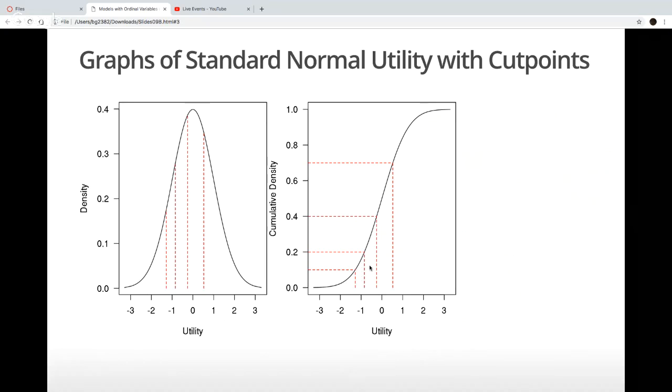And so that is our prediction for the ordinal response for someone who has this X predictor. And we can do that irrespective of what utility they have. It's always going to fall between some of these cut points, or in the extreme cases of 1 or 5.